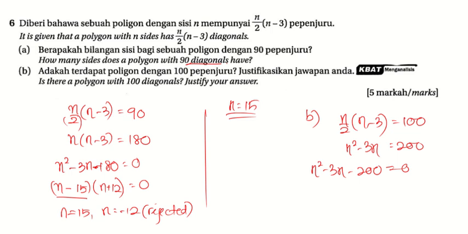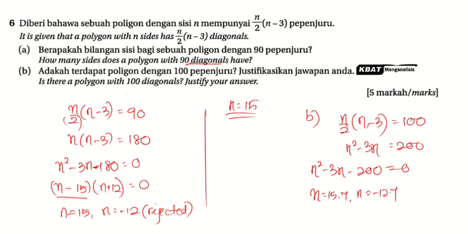Do I have 100 diagonals? Okay, let's try to use calculator. Equation 3, 1, negative 3, and then negative 200. Okay, so I have decimal. So n equals 15.7, n equals negative 12.7.